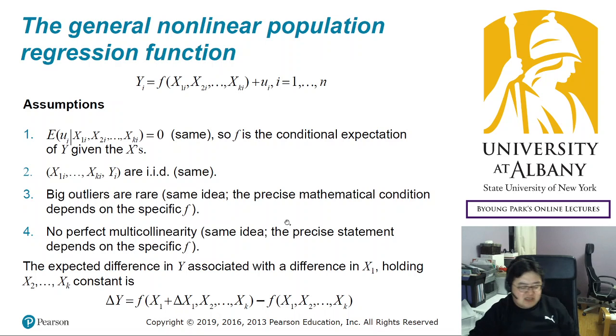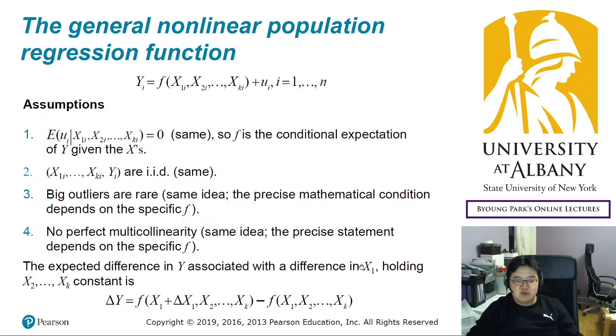Another problem is how we measure the effect of one regressor on the outcome. When everything is linear, it is simple. The effect is measured by the slope. However, when you have a nonlinear regression, it has to be defined this way.